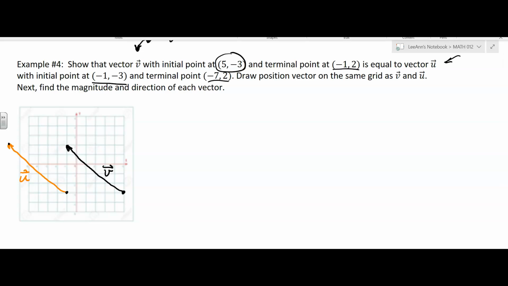Now, if I wanted to find the position vector for v, the position vector of v would be equal to, I would take the terminal point negative 1 and subtract 5, and then the y on that point, 2 minus negative 3.